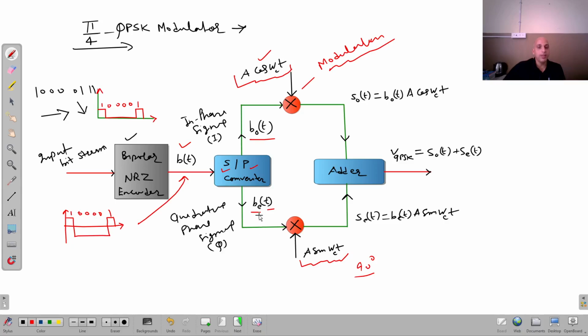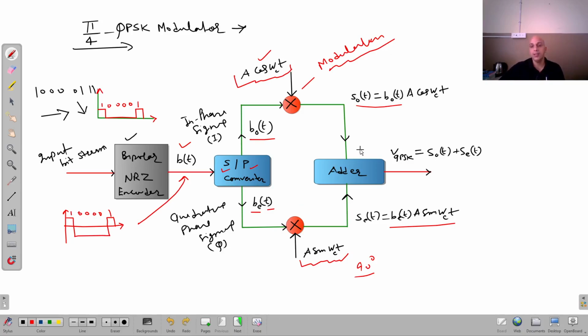Similarly, the even bit signal is sent to this product modulator, and it will change this carrier wave according to it. And then I will get the multiplication of these two, and the multiplication of these two, and then these two signals are added together by using an adder, right?